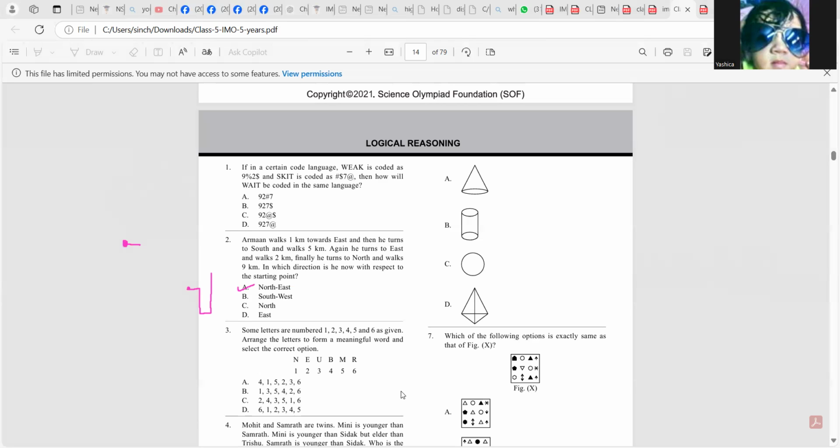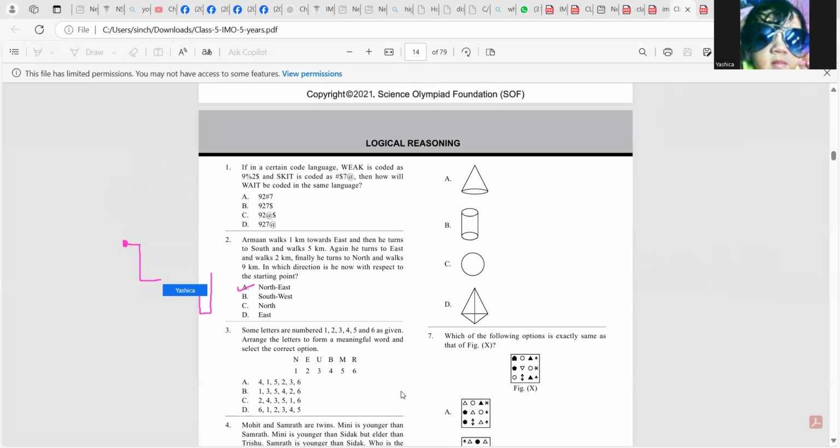South is the downward direction, so here again he turns to east and walks 2 kilometer. So he again turns to the right and walks 2 kilometer. Finally, he turns to north and walks 9 kilometer.